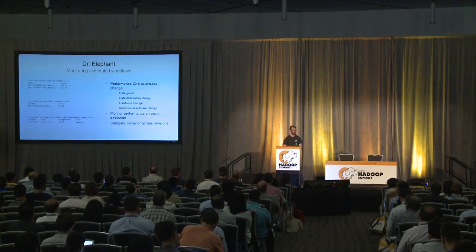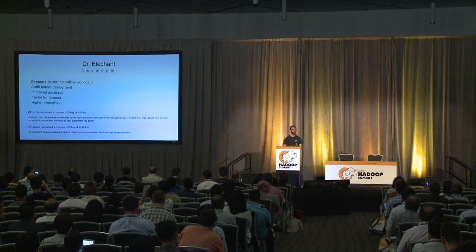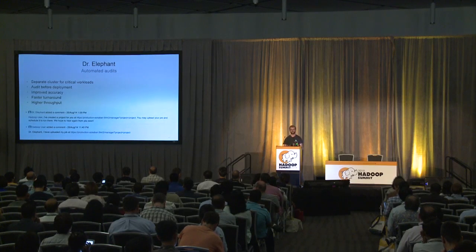The other thing we do, so I mentioned that we have a specialized production cluster that is reserved for what are considered to be business critical workloads, right? We want to separate those out as much as possible from the development or the ad hoc work where things are less certain or more unstable. But to maintain the cleanliness or the sanity of that system, we'll actually audit workflows before they are deployed there.